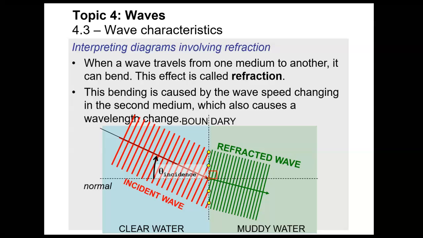Notice that the angle of the incoming wave, the incident wave, that angle theta incidence is measured with respect to the normal line, and then the angle of refraction is also measured with respect to the normal line. And so notice in this situation that theta refraction is actually a smaller angle than theta incidence.